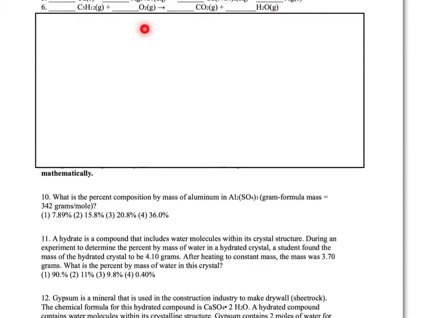Hydrocarbon and oxygen yield carbon dioxide and water. Now, to balance this combustion reaction, we are going to again take an initial audit of the atoms present. So we have carbon, hydrogen, and oxygen atoms present on both sides of the equation. Now, on the reactant side, we have 5 carbons, 12 hydrogens, and 2 oxygens initially.